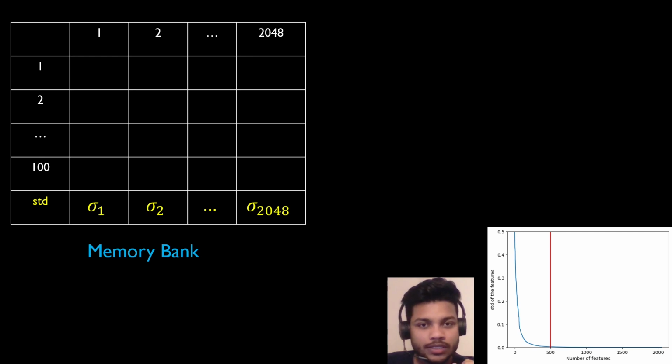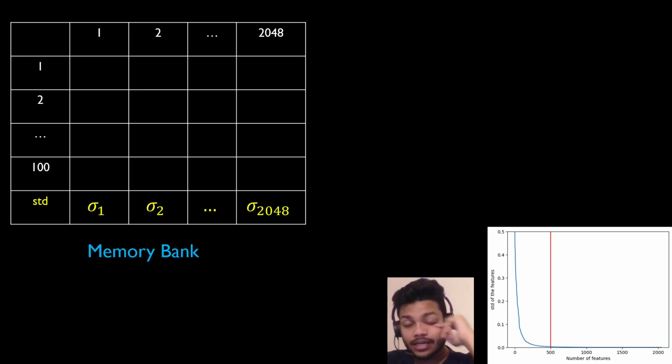Here you can see that only the first 500 features have a higher standard deviation, but the rest, 1500 features, barely have a good amount of standard deviation.